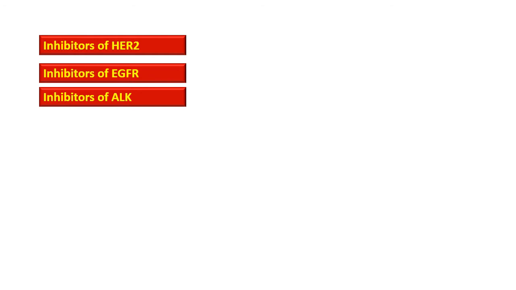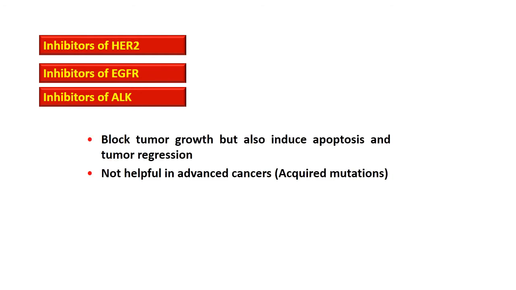Similarly, inhibitors of epidermal growth factor receptor and inhibitors of anaplastic lymphoma kinase are useful in patients having the mutation or fusion proteins in the adenocarcinomas, and these therapeutic targets block the tumor growth, induce apoptosis and result in tumor regression. However, they are not helpful in advanced cancer, as there is presence of acquired mutation in the advanced cancer.